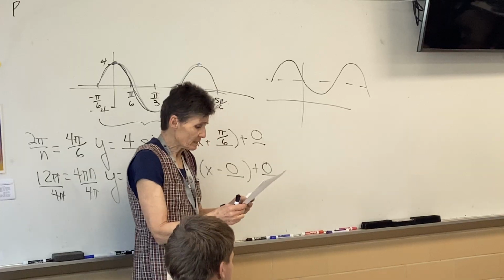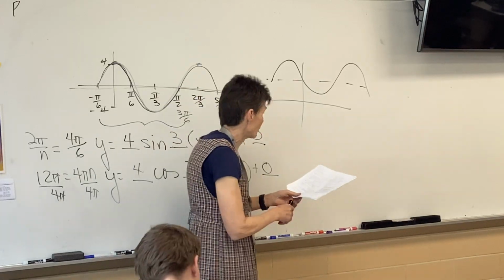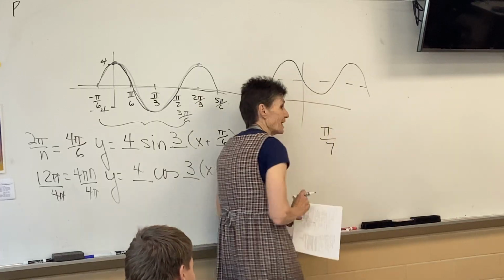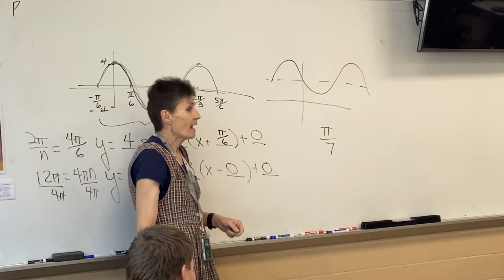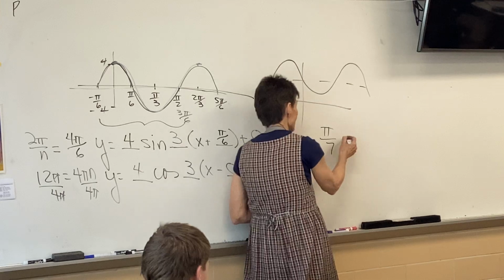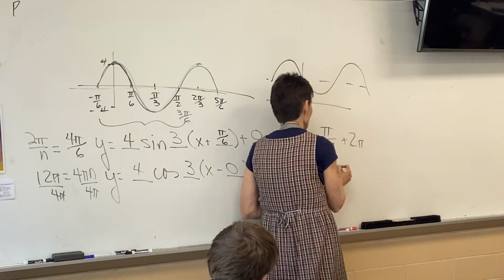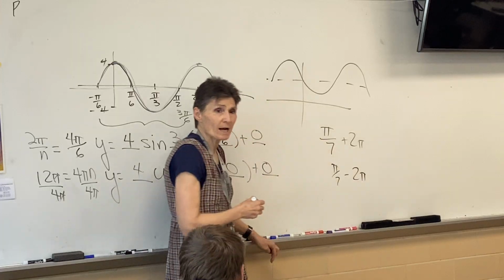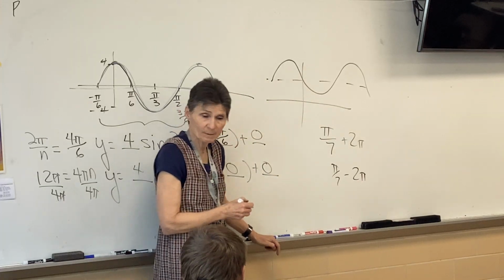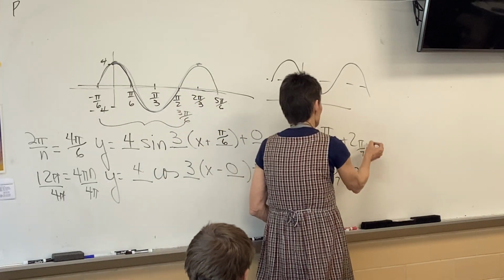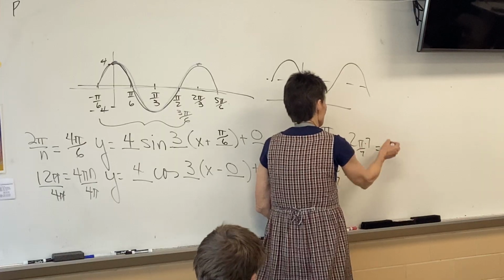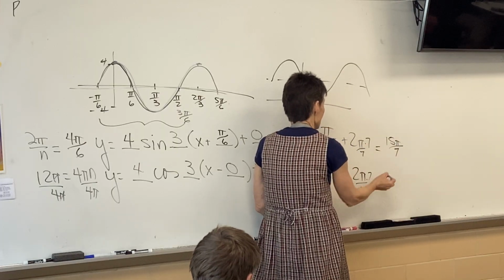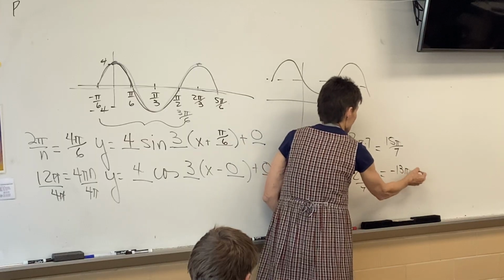So, number 14 says find 2 angles coterminal with pi over 7. How do we find coterminal angles? If it's in radians, we add 2 pi and we subtract 2 pi. So since that's a fraction, I'll need to get a common denominator. So that'll be 15 pi over 7 and negative 13 pi over 7.